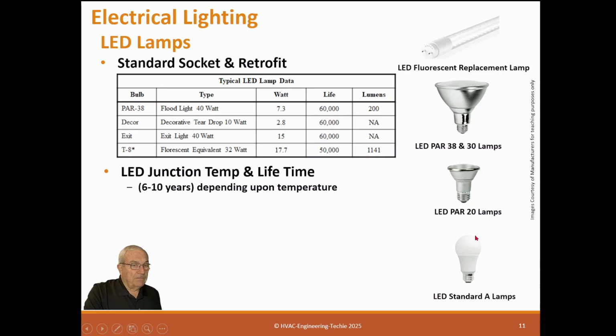The problem is that you can change these out as we go through and retrofit them, but the main problem is that the amount of light that an LED puts out is normally more than what an incandescent or a PAR fixture or a fluorescent lamp did. So if you have a room that's been lit with T8 fluorescents, and you just go in and change all the tubes to LEDs, you'll overlight the space, and the space will be much brighter with much more light than it needed.